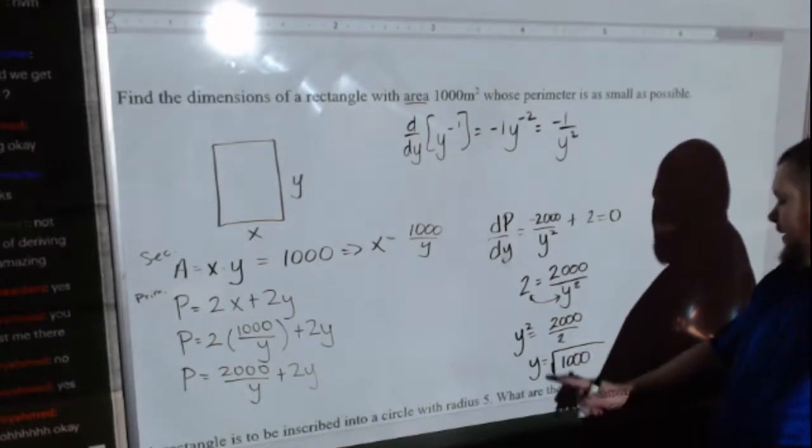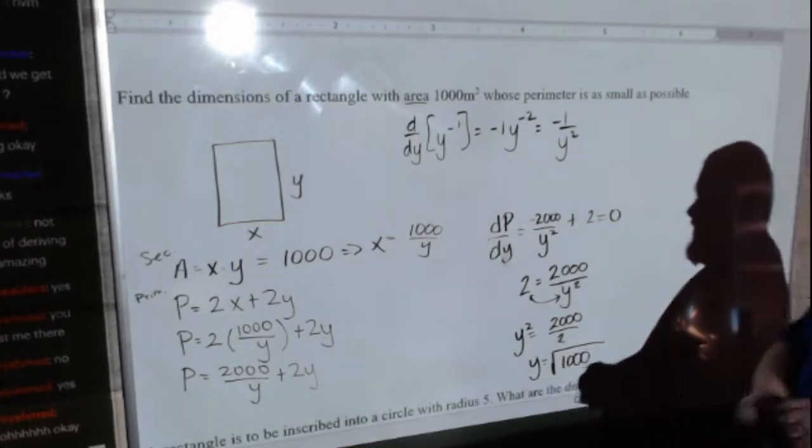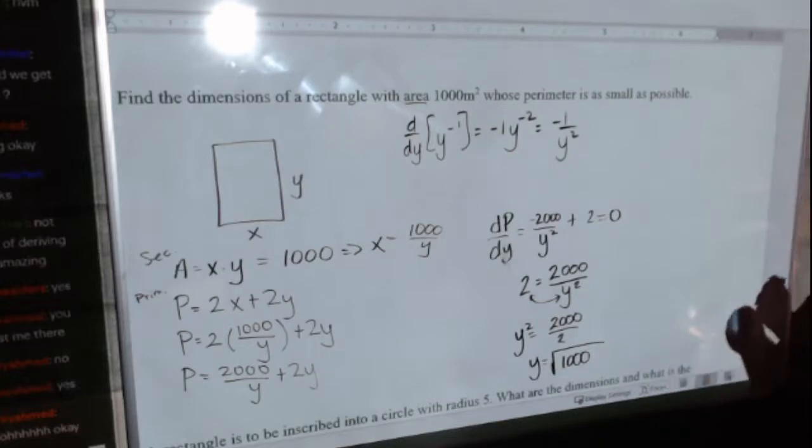Now technically, you would get plus and minus here. Hopefully it's clear to you that you can't have a negative length. So only the positive square root of 1,000 is a solution.